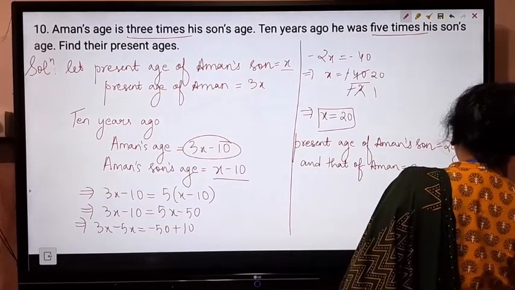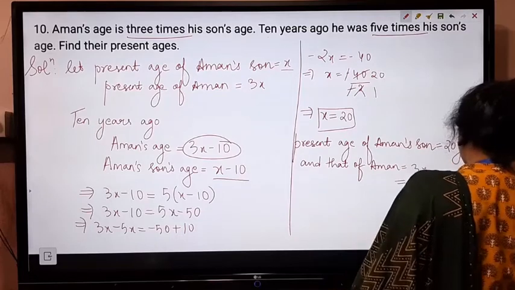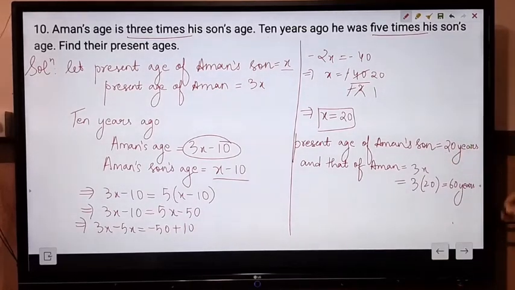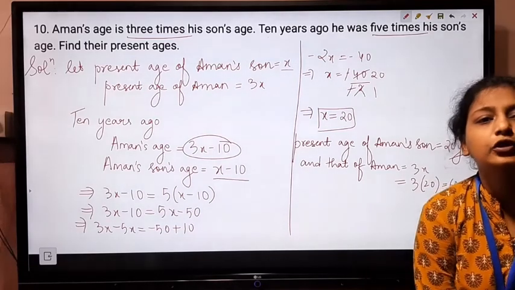That means 60 years. So this is our answer. Aman's son is 20 years old and Aman is 60 years old. So this completes our exercise 2.4. Thank you.